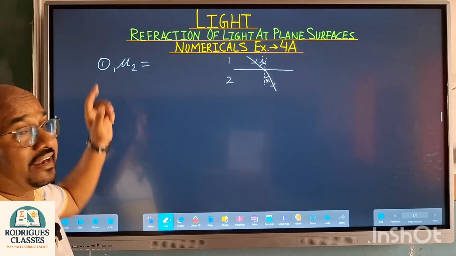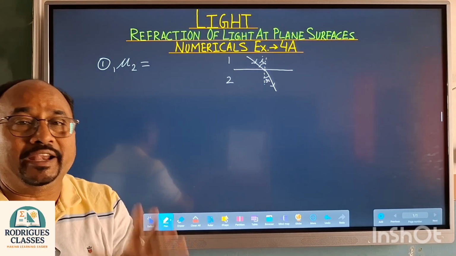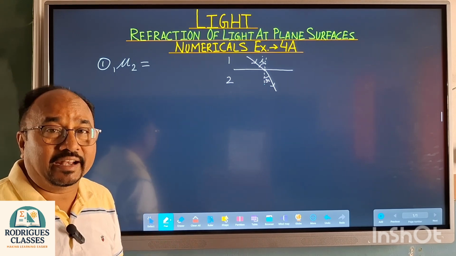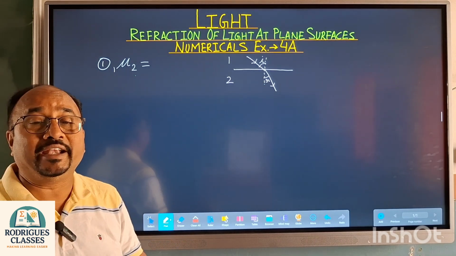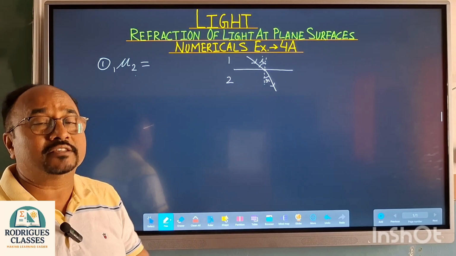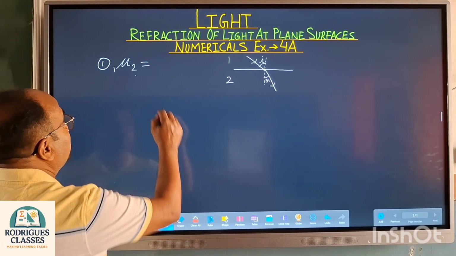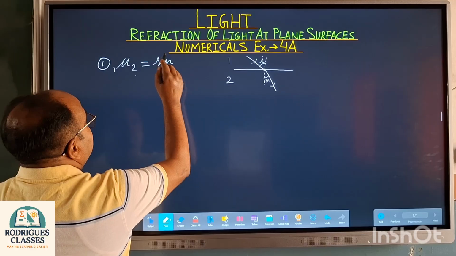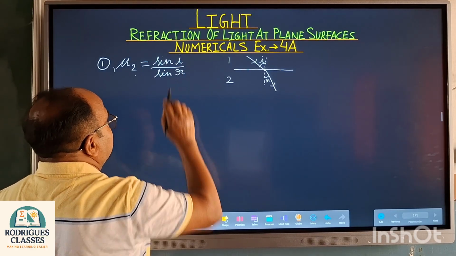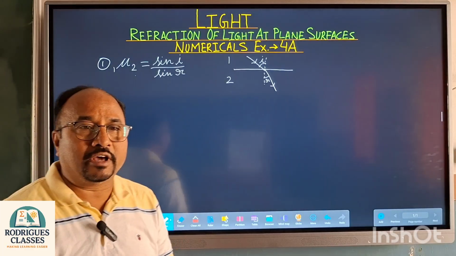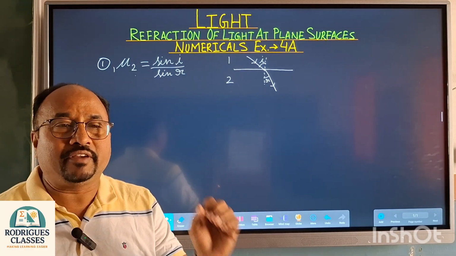It means the light ray is traveling from medium 1 to medium 2, but when we read it, we say refractive index of medium 2 with respect to medium 1. And in this case, going by that law, the formula comes as sin i by sin r. So this is the first formula which you get for refractive index.